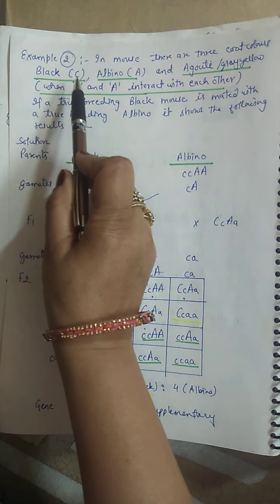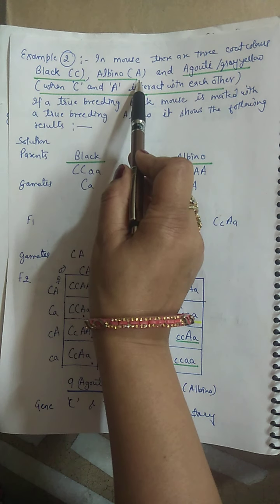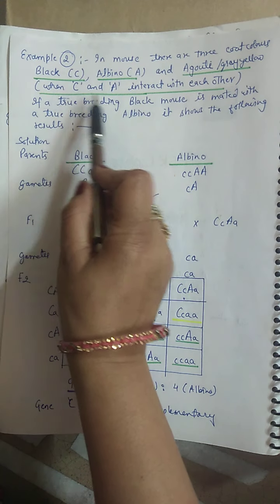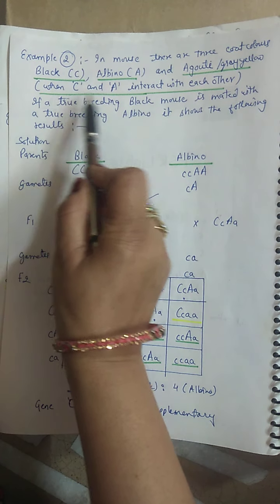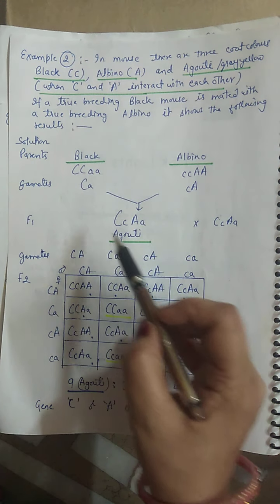Black is coded by capital C, the dominant gene, albino by another dominant gene A, and agouti, when these two supplementary genes interact with each other, they produce the agouti colored generation.